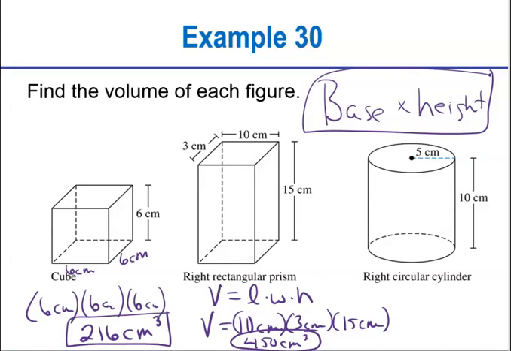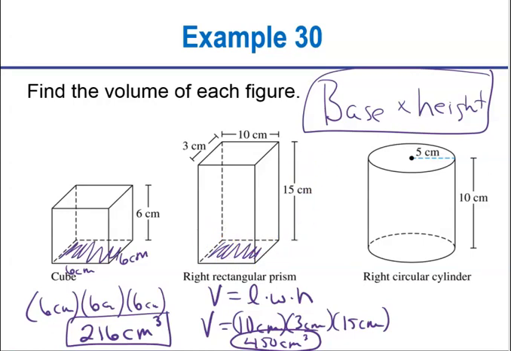So those cross sections, like Cavalieri's principle, as long as it's the same exact figure when you slice it all the way up, it's going to be base times height. That is exactly what we did here too. The area of that base is 6 times 6 is 36 times the height was 6. Or the area of this base was 3 times 10 is 30 times the height is 15. We're going to do the same thing here.